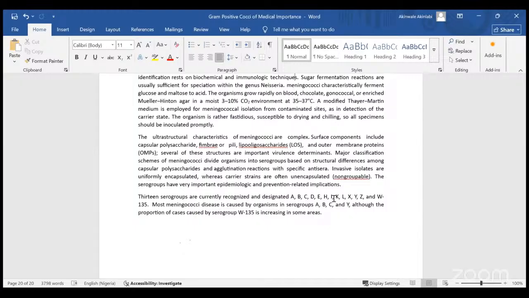Tomorrow, gram-negative bacilli. This one is gram-negative, but because it's cocci, that's why I put it under this.